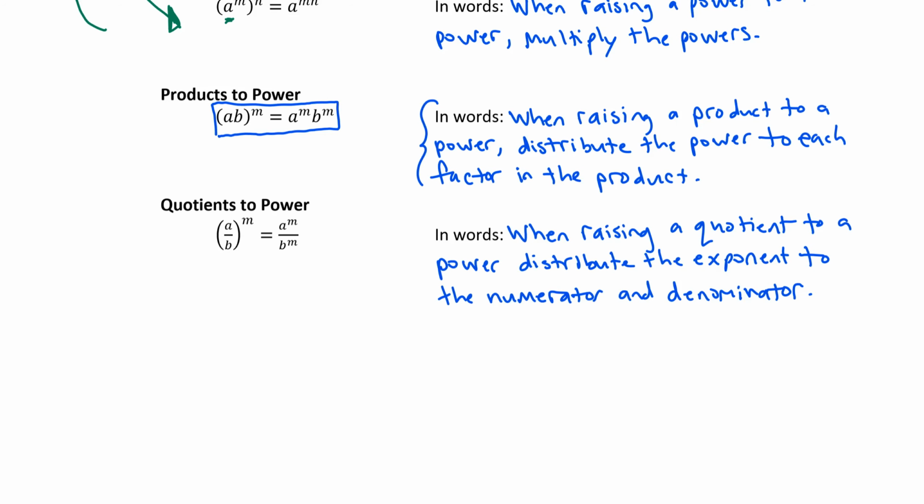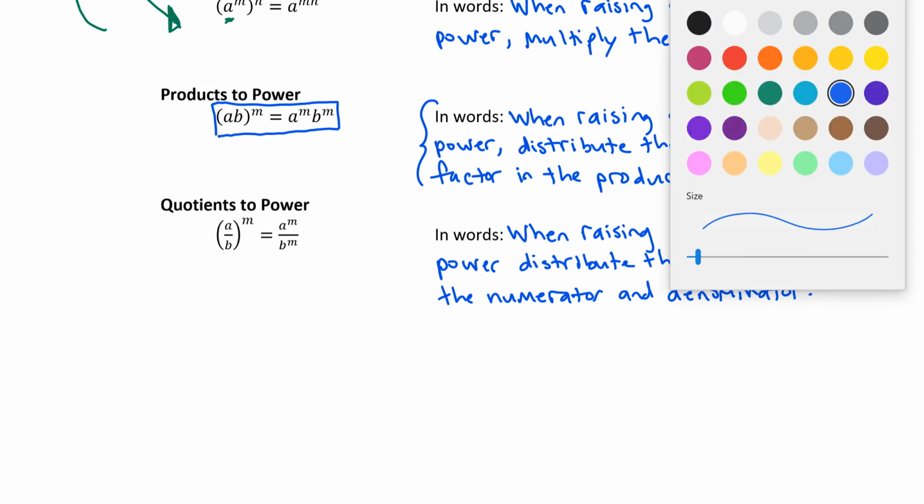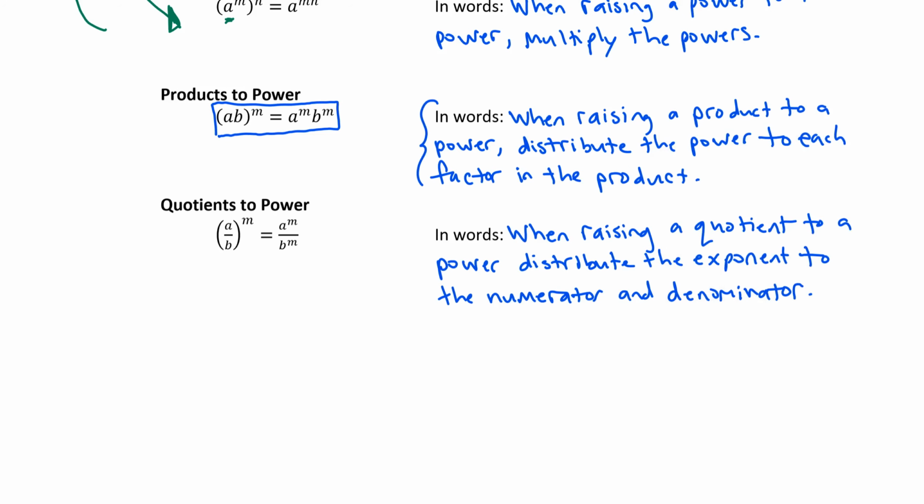In each of those explanations, I used the word distribute. One thing that I want you to watch out for, we'll say caution, is that we cannot distribute an exponent across a sum or a difference. So if I have something like (a + b) to the nth power, we cannot distribute the exponent across that plus.